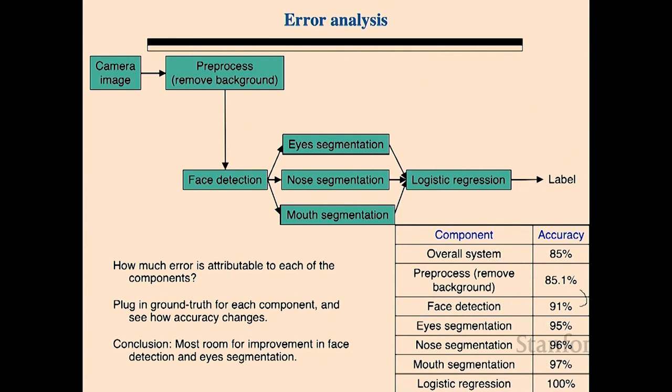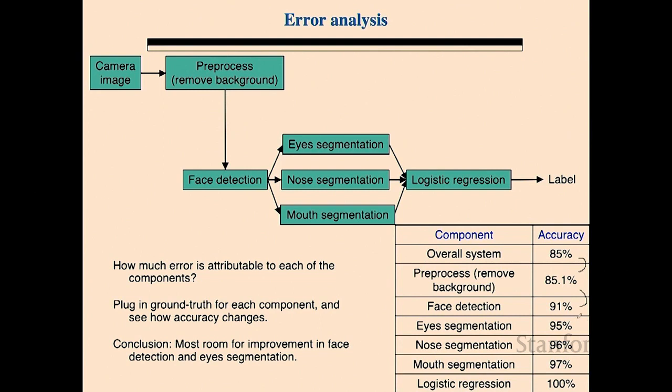And that tells you that if only you can improve your face detection algorithm, maybe your overall system could get better by as much as 6%. So this gives you faith that maybe it's worth improving your face detection component. And in contrast, this tells you that even if you had perfect background removal, it's only 0.1% better. So maybe don't spend too much time on that.